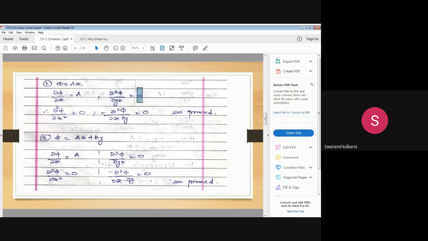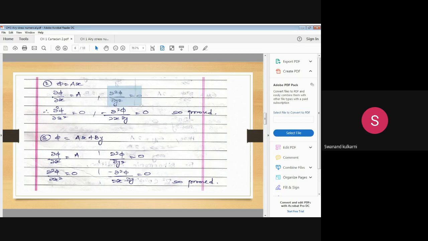Is it okay? So ∂²φ/∂x² is equal to 0, and ∂²φ/∂y² is also equal to 0. Definitely, if we take ∂φ/∂x and differentiate with respect to y, this will become ∂²φ/∂x∂y, and the differentiation of this A with respect to y is going to become 0.